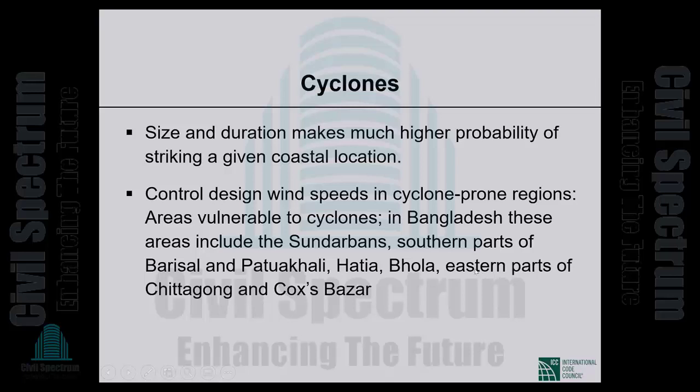The eastern part of Chittagong mystifies me. The eastern part of Chittagong borders on India and Burma. It's totally landlocked. It is the western part of Chittagong that is on the Bay of Bengal. So I kind of wondered about the eastern part. Anyway, I believe they mean western. Why it is said eastern, I don't know. Anyhow, so this is the definition of cyclone-prone region. The Sundarbans, southern parts of Borishal, Patuakhali, Hatia, Bhola, eastern parts of Chittagong, and Cox's Bazar.